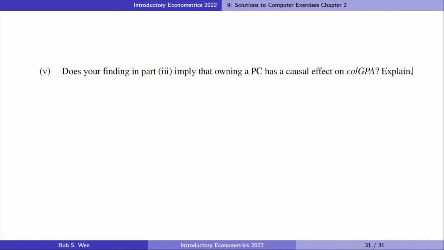It is also easier for a wealthy student to own a PC. The simple regression model without considering this factor leads to biased estimates. It is not a ceteris paribus effect. The zero conditional mean assumption is not satisfied, and the causal relationship between the two variables cannot be established.